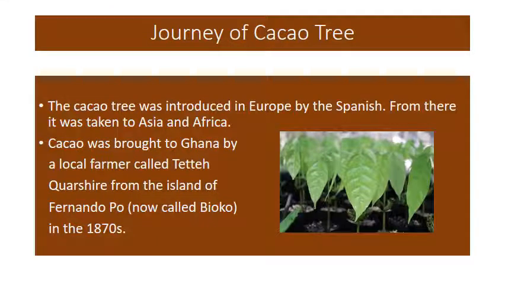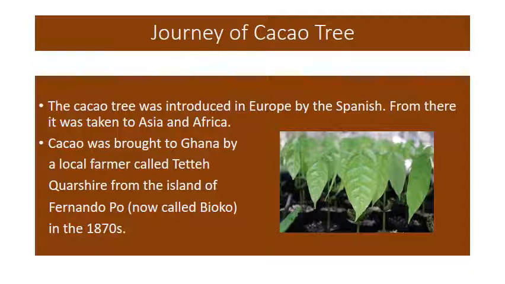Now, let's discuss the journey of the cacao tree. Dear students, we all know that the cacao tree yields cocoa, from which chocolate is made. The tree is therefore grown as a cash crop.